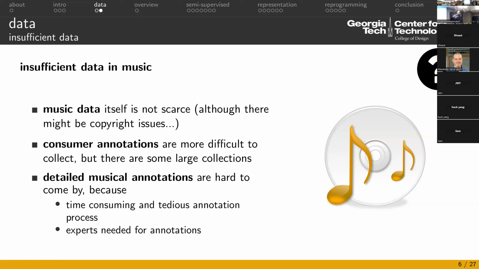In order to train a system for that, you need to annotate the exact time of every snare drum hit and every bass drum hit, right? And that is actually something where you need an expert for. You cannot just sit anybody in front of a computer and say, label this. And it's a very tedious and time-consuming task, even if you're an expert.